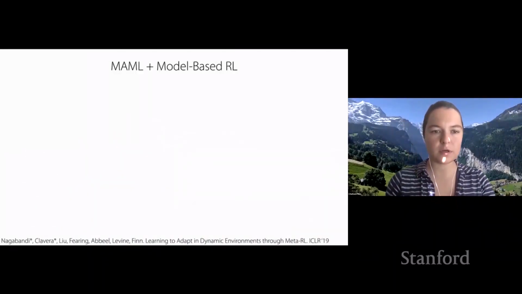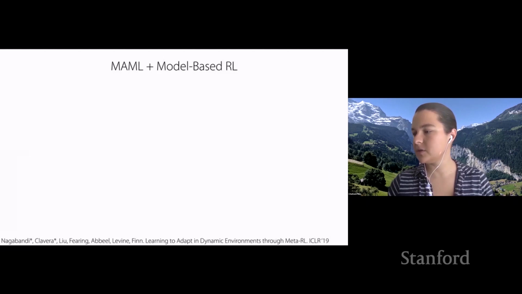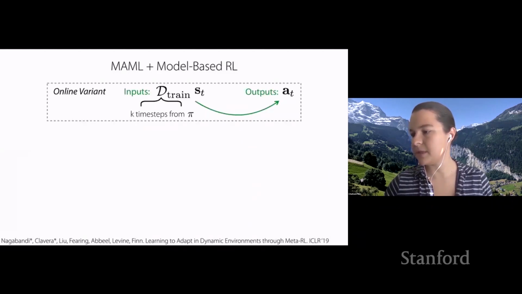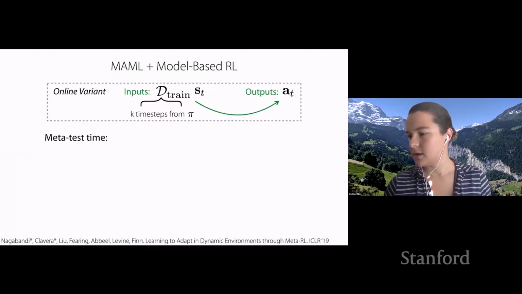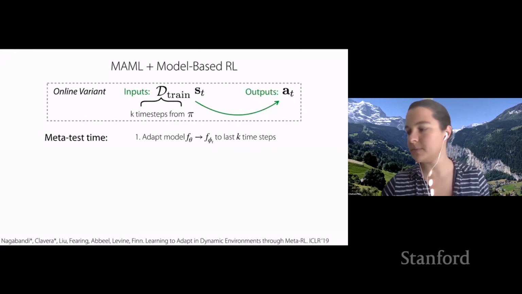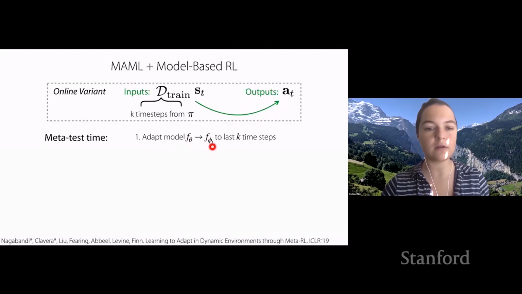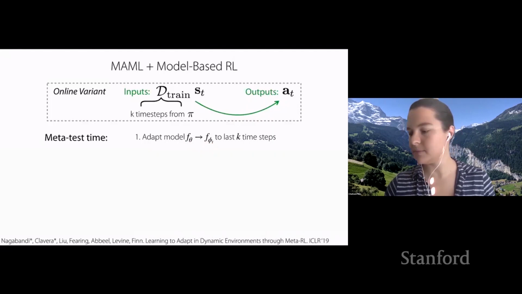Okay, and then let's look at one more example with MAML plus a model-based RL approach. In this case, we're going to be looking at the online variant of meta-RL, where our data corresponds to k different time steps from some policy. At meta test time, we're going to be adapting the parameters of our model to the last k time steps.